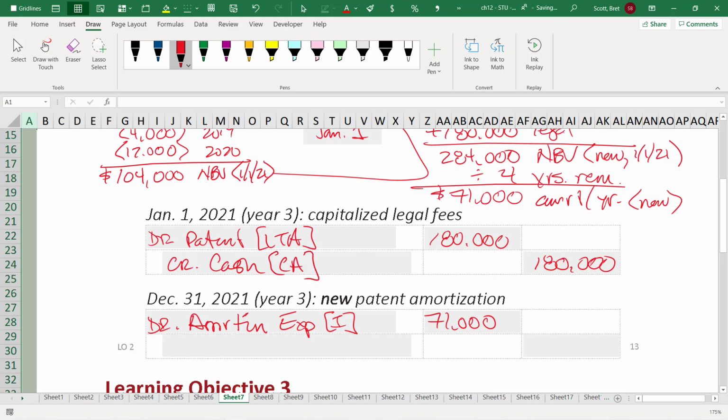We're going to have more amortization expense. But we also shrunk the useful life down. So that sort of makes that big 284 now spread over a thinner piece of bread. And credit the patent account directly $71,000.